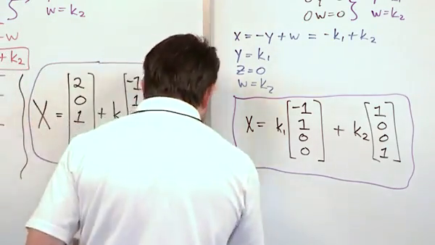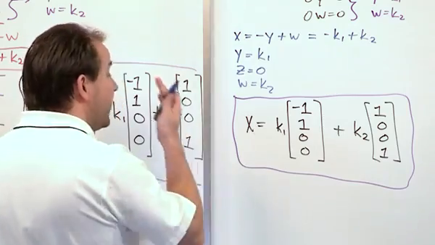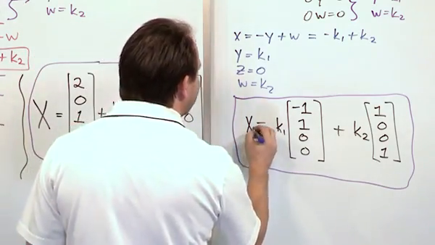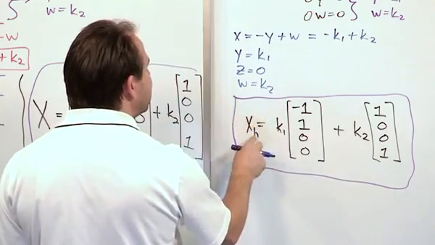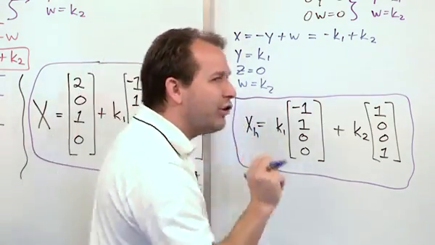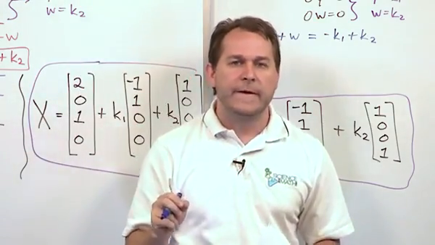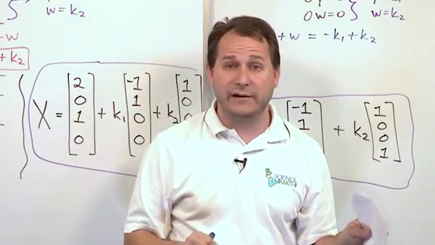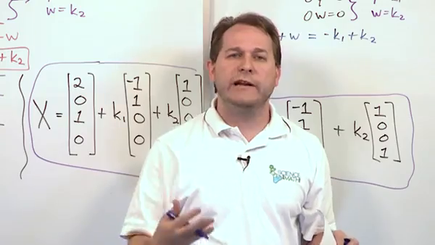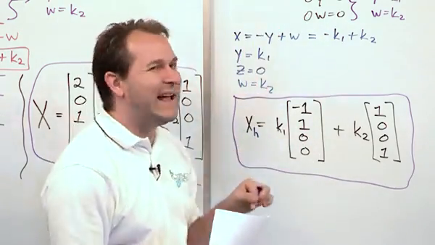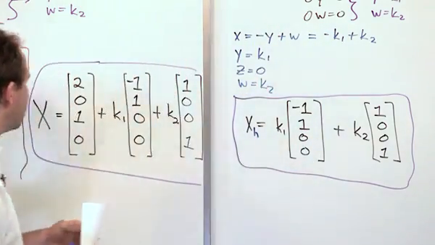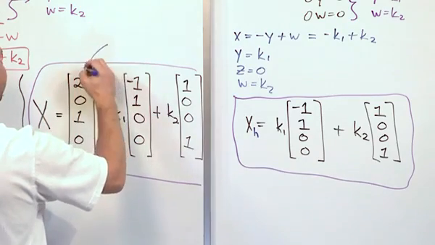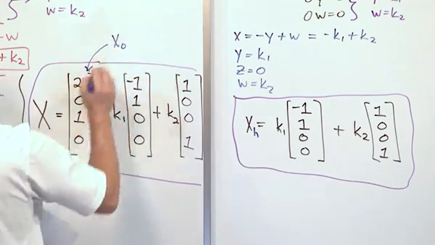So the conclusion I want to draw here is I want to call this, instead of just calling it x, x sub h, meaning this is the solution to the homogeneous version of the equations. When given a system of equations, if I take everything off the right-hand side and put zeros there, I'm solving the homogeneous version. So the answer I get, I'm going to call it x sub h, okay? And then I'm going to call just this column vector x naught.